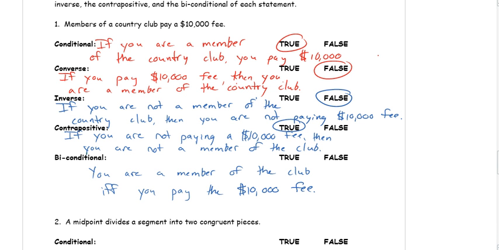Again, to look at this, we look at these two statements. Conditional, converse. Both have to be true. Conditional was true, converse was false, therefore the biconditional would be false.